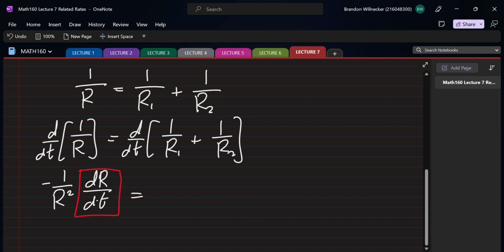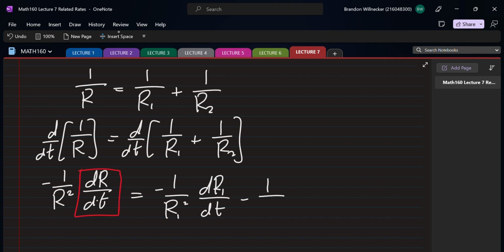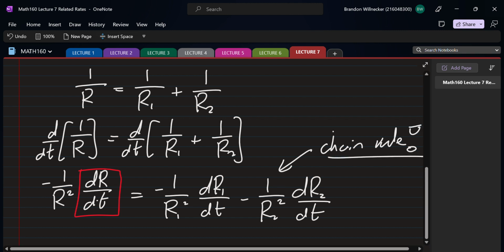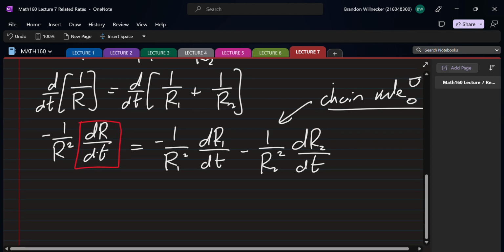This is equal to minus 1 over R1 squared, dR1 by dt, minus 1 over R2 squared, dR2 by dt. Just a note, here we use the chain rule because they are functions of time.